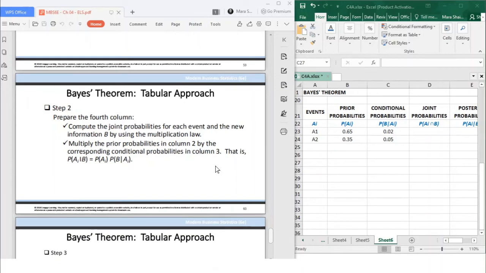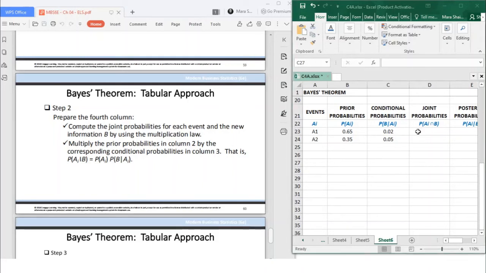Now, the fourth column is kato ng imuhang joint probabilities or ang intersection sa imuhang supplier ug sa imuhang condition. Mao na siya ang imuhang step 2. Now, to compute the joint probabilities for each event, use the multiplication law. So, meaning, multiply the prior probabilities in column 2 by the corresponding conditional probabilities in column 3.